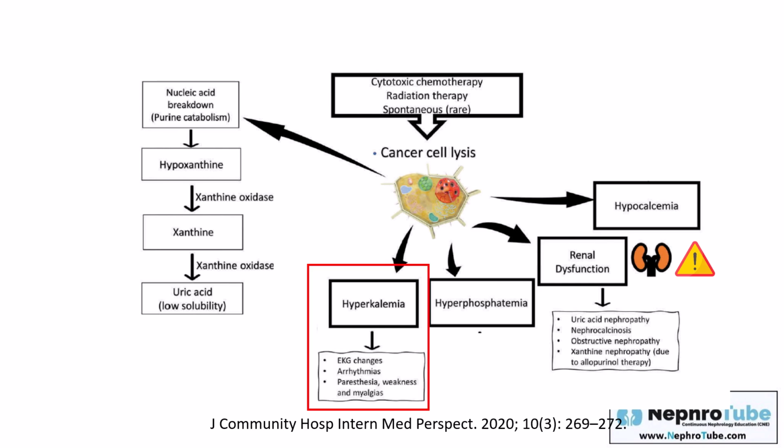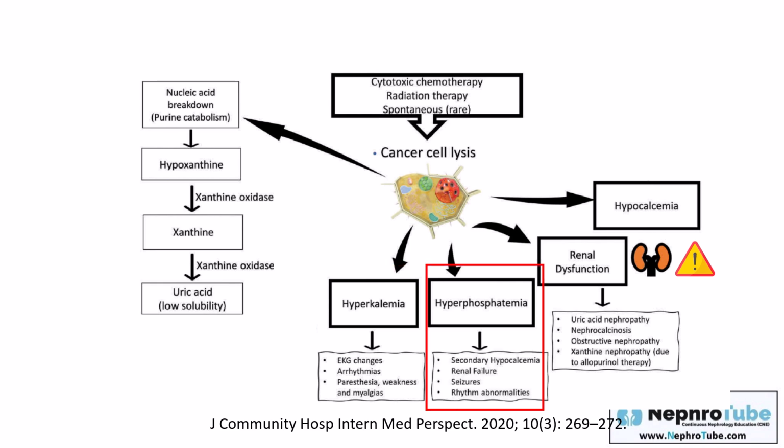How is hyperkalemia presented? Hyperkalemia may present with ECG changes and arrhythmias. Also, it may affect the nervous system and the muscles, causing paresthesia, weakness, and myalgia. The presentation of hyperphosphatemia may be, as we said, secondary hypocalcemia.